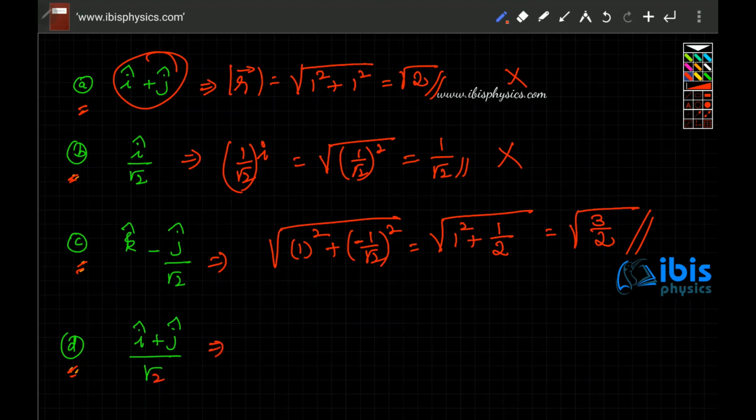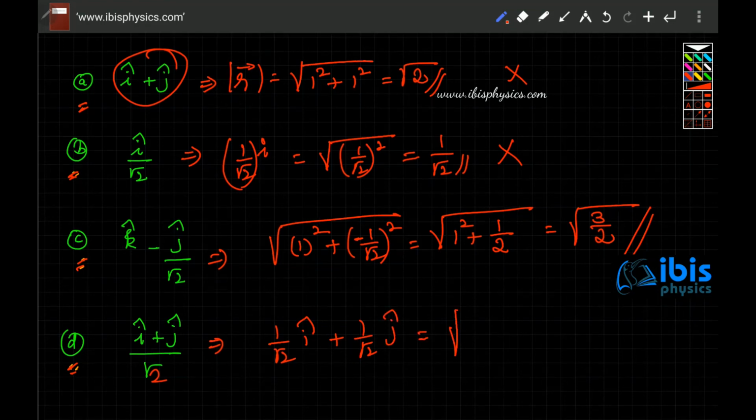Let us look at this. This is i cap plus j cap by root 2. It can be written as 1 by root 2 times i cap, because root 2 is common for both, plus 1 by root 2 times j cap.